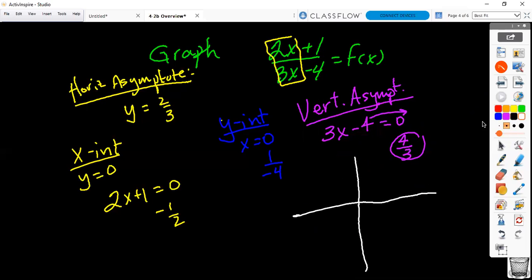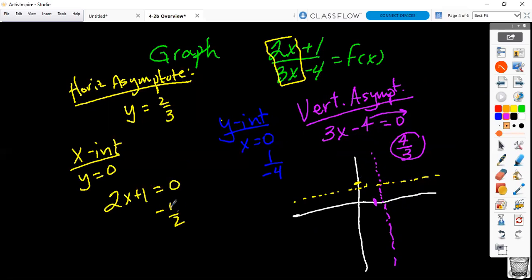I had a horizontal asymptote at 2/3. So if that's 1, 2/3 is down here somewhere. I had a vertical asymptote here at 4/3, so a little more than 1 if that's 1 there. So I've got a vertical asymptote at 4/3 right there.